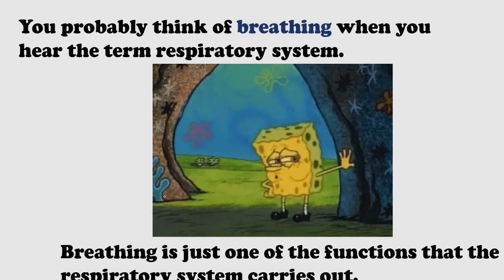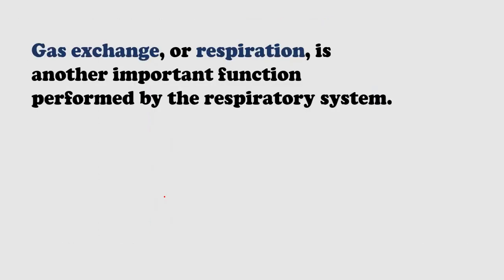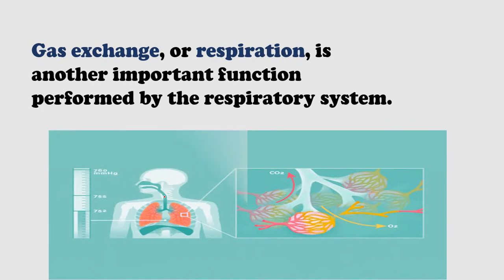Breathing is just one of the functions that the respiratory system carries out. Gas exchange or respiration is another important function performed by the respiratory system. So the main functions of the respiratory system are breathing and respiration.